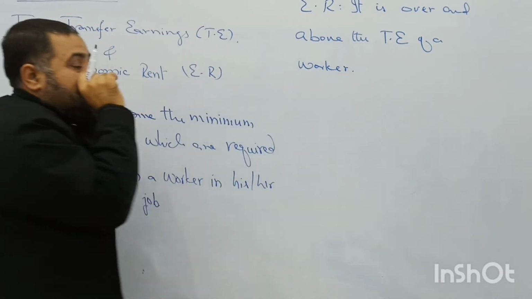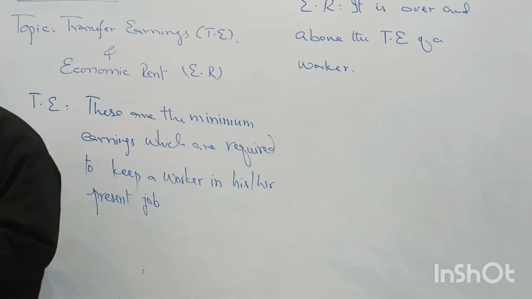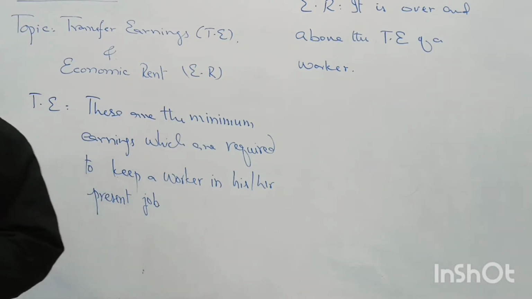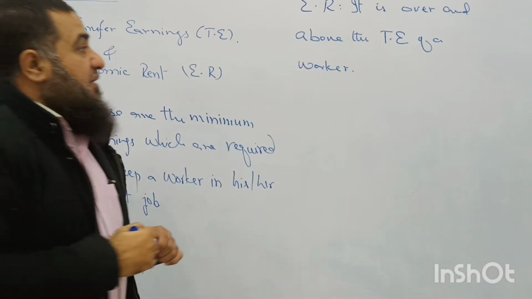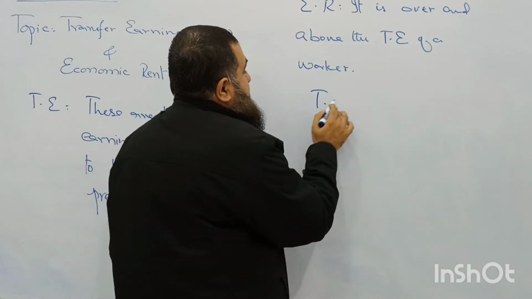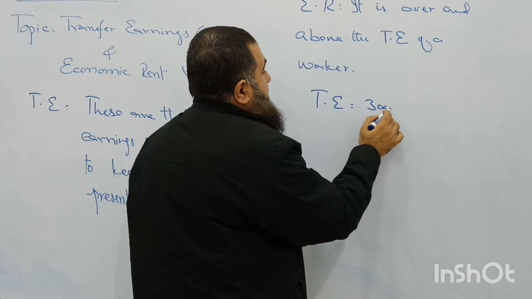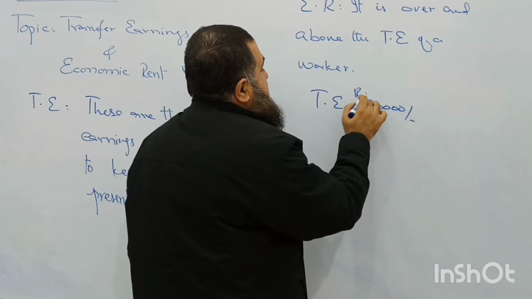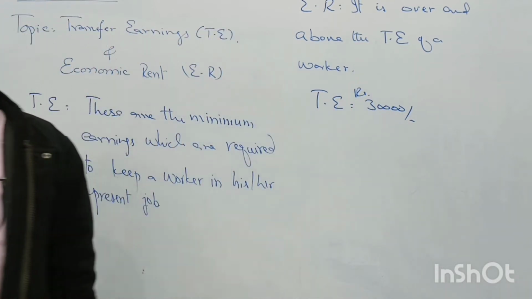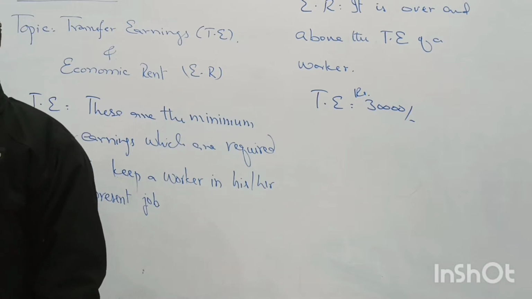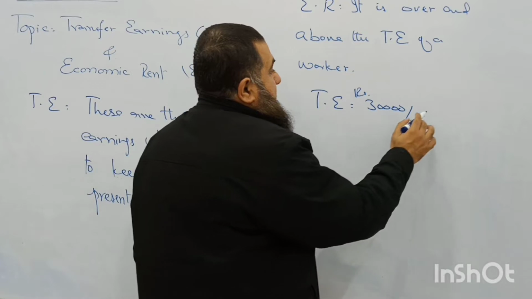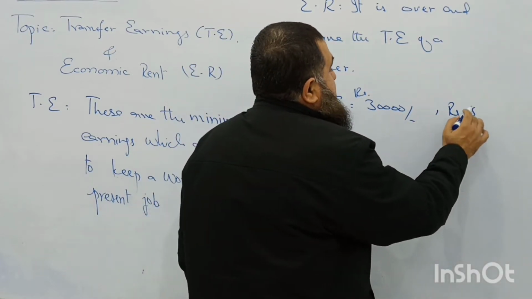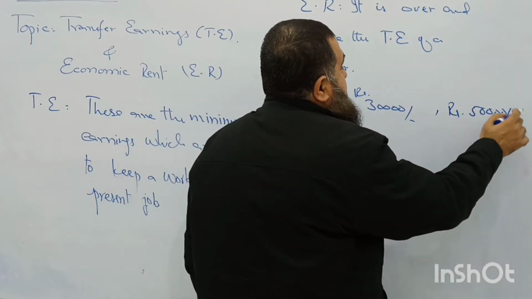For example, when we talk about a worker that he is going to have a job which is the transfer earning of 30,000 rupees, he is presently working at 30,000 rupees. But the other job is going to offer the same person rupees 50,000 per month.